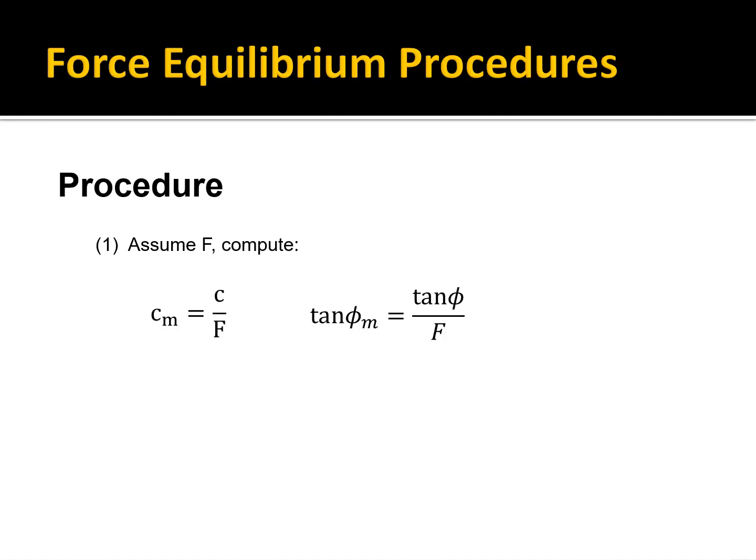Step 1, you assume a factor of safety. So this is an iterative method. We have to guess at a factor of safety and then solve for a factor of safety, and then continue until the factor of safety we calculate is equal to the one we assume. Once we've assumed a factor of safety, we can come up with our mobilized cohesion and our mobilized friction.